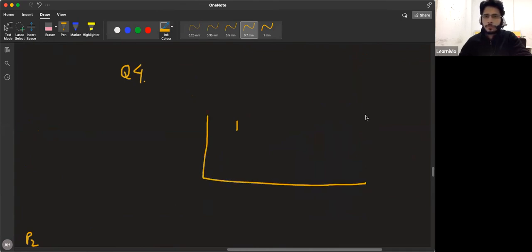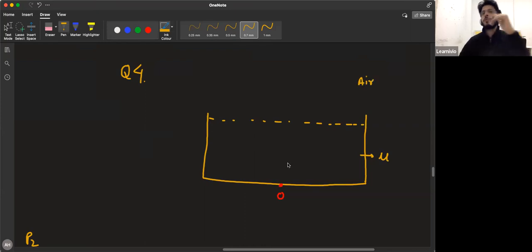In this beaker, you have a light source. Let's name this light source as O. Rays are coming from this, and this is some liquid of refractive index mu, and outside you have air.